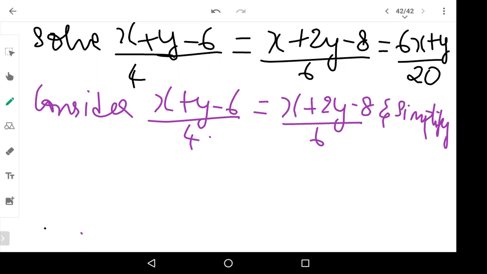You will get an equation. Then take (x plus y minus 6)/4 and (6x plus y)/20 and simplify. You will get another equation. You have got two equations. Now solve both the equations simultaneously.